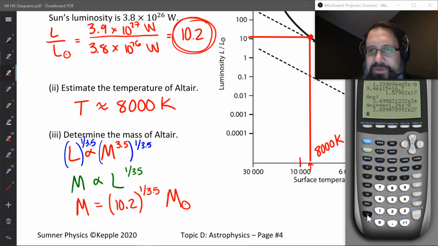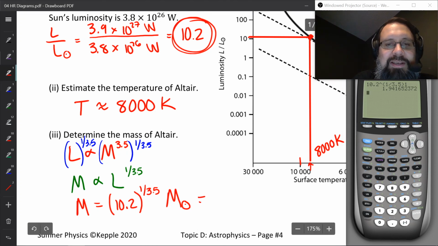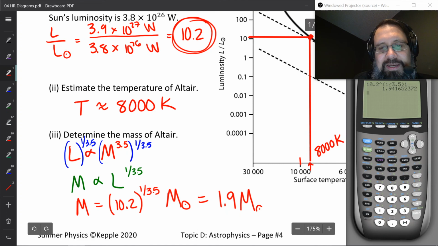Hello, calculator, please turn on. 10.2, and then raise that to the 1 over, wait, let me put a parenthesis here. So 1 divided by 3.5. And so I get this, which is about 1.9. So this tells us that the mass of Altair is about 1.9 times more massive than the sun.